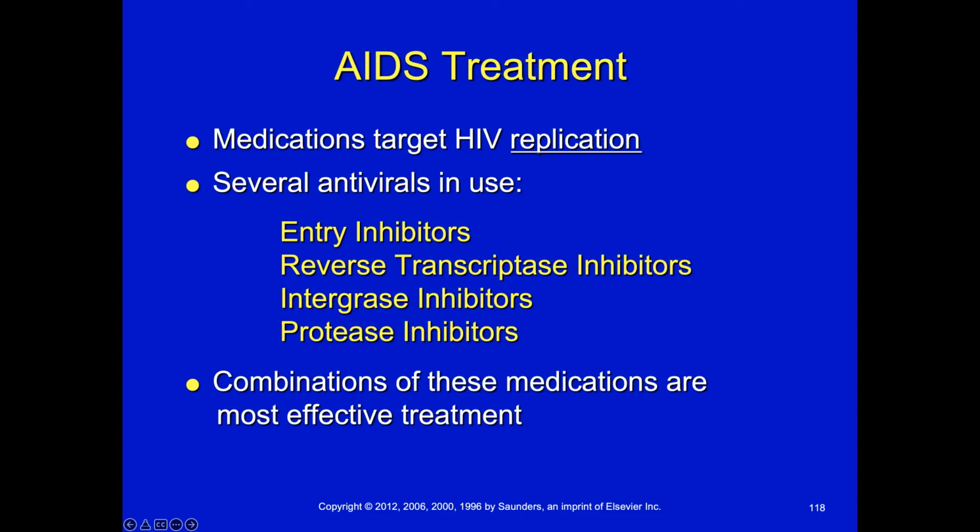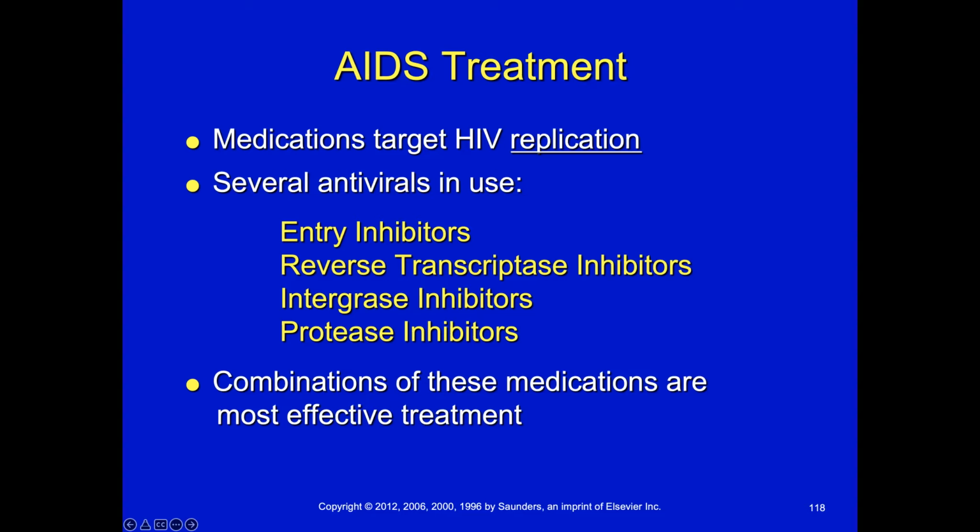There are others that prevent the newly formed DNA from integrating into the host DNA. And then finally, you have protease inhibitors. These inhibit the creation of the capsid, the spikes, new enzymes, all the things that are needed for the virus to move on.